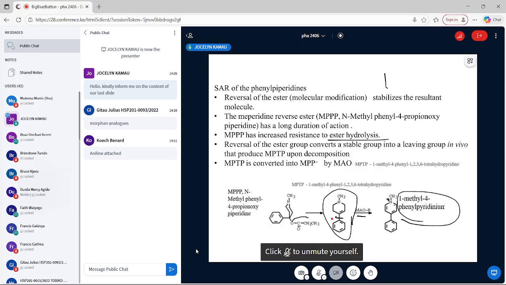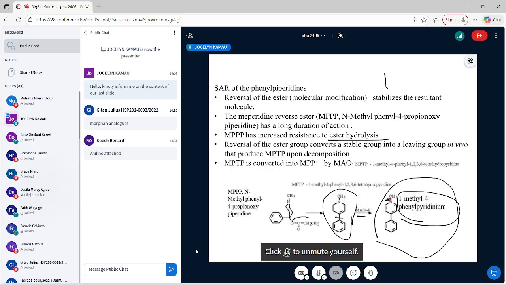So on metabolism, on oxidation, it gives us this compound called 1-methyl-4-phenylpyridinium, and this is thought to be the reason why some of these compounds, like the reverse esters, are thought to be responsible for neurotoxicity.